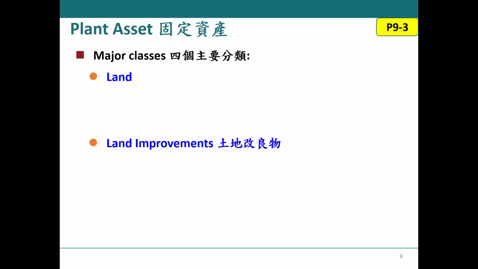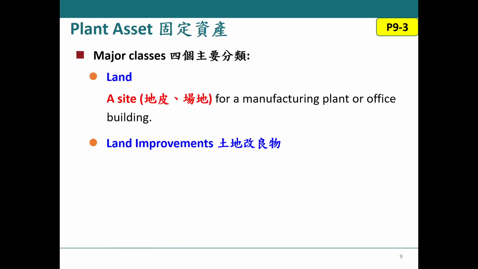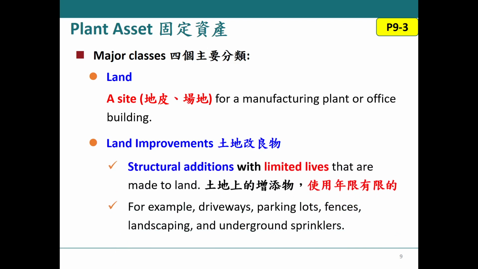So I think no problem for you, right? For land, I don't think we need to explain it, right? So land, that's the first PPE asset we have. Second is land improvement, 土地改良物. So what does it mean? It means structural additions on the land with limited life.